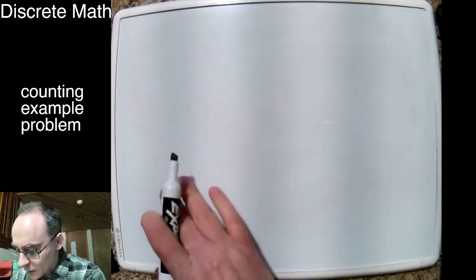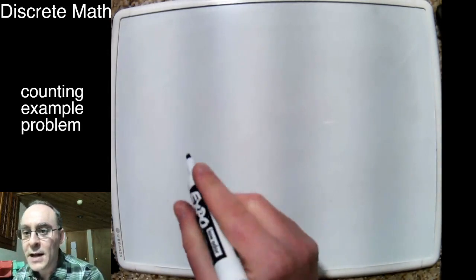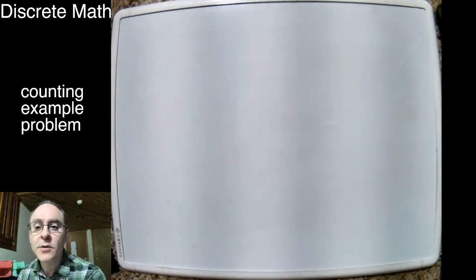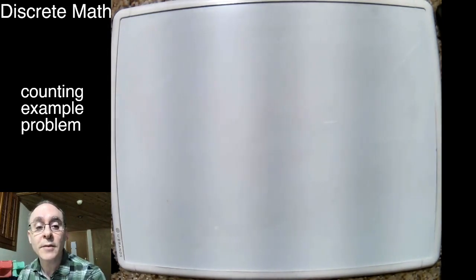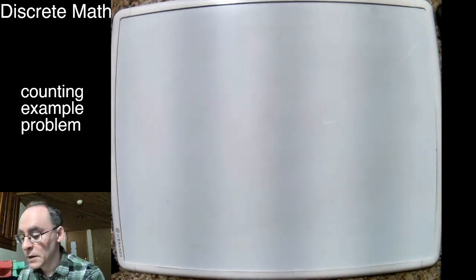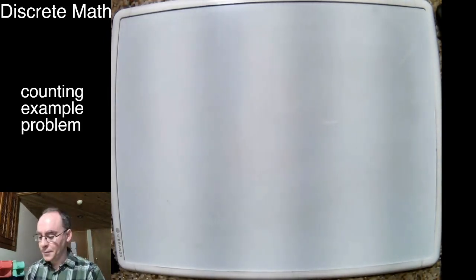So for example, again, we have this requirement, that's a little bit of a sticking point, that we want each box to have at least one ball in it. One way we can think about it is that we can take care of that first.